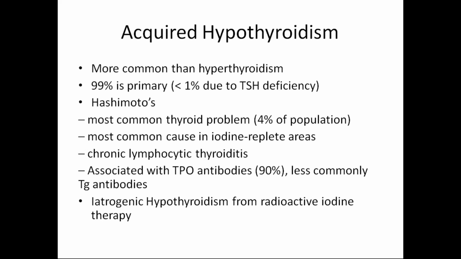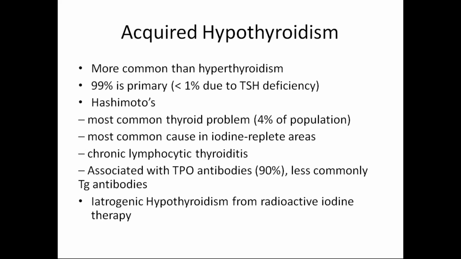Most commonly it is Hashimoto's thyroiditis, the most common thyroid problem, in 4% of the population. The most common cause is iodine deficiency in iodine depleted areas. If there is no deficiency of iodine and there is good iodine in the surroundings and in the diet, and the population is still having hypothyroidism, the most common cause is Hashimoto's.